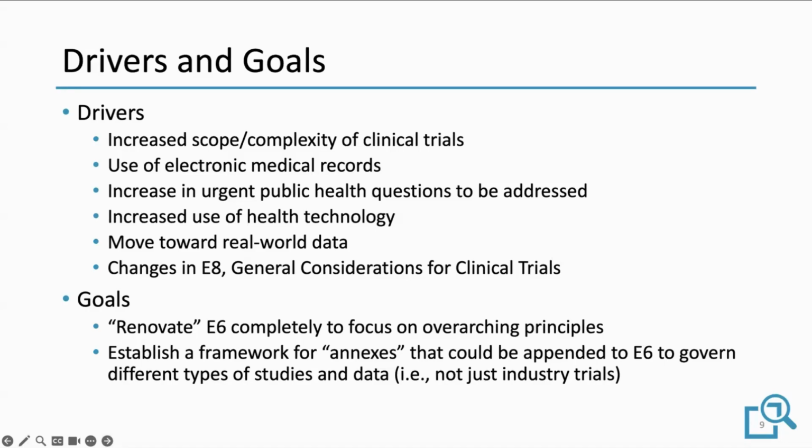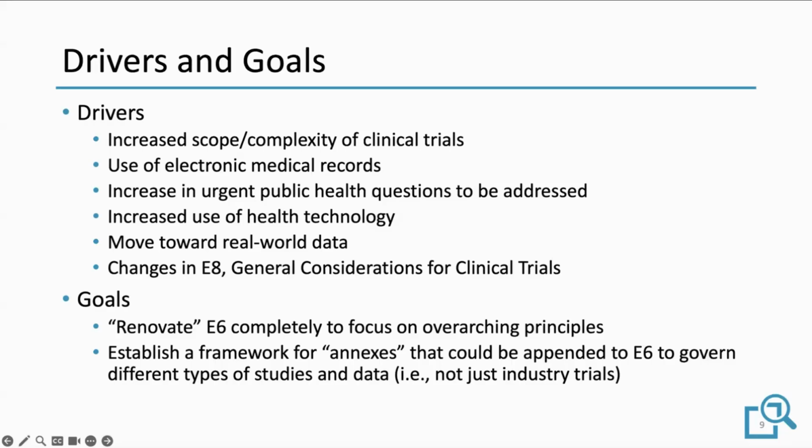Technology has evolved, we've had a pandemic, and there's also more interest in applying GCP to non-industry studies, including the use of real-world data. Finally, we've had a revision to the E8 guideline, which is called General Considerations for Clinical Trials, which introduced the concept of quality by design.